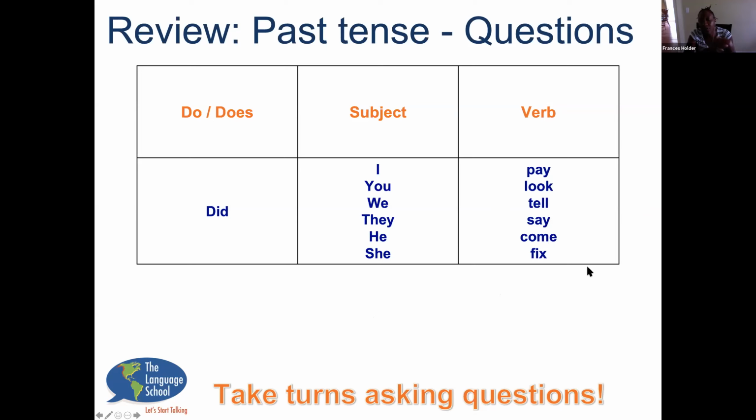And don't forget, Fernando, when you are asking questions in the past tense, you can also use question words, okay? In addition to your did you, you can also use the words. Do you remember what your question words are?